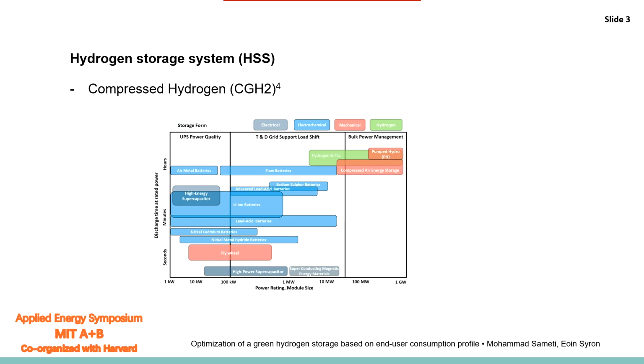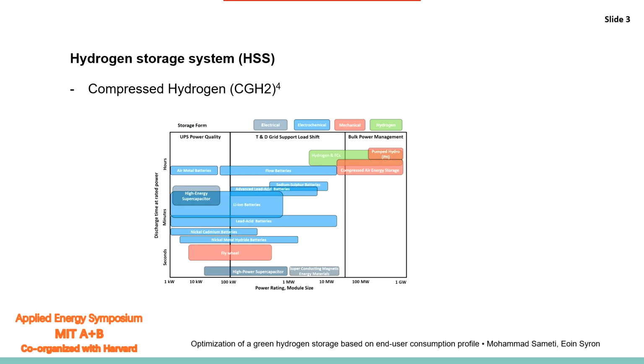Hydrogen storage systems, or HSS systems, as you see from the graph here, cover three main storage forms or categories, which are the electrochemical, mechanical, and pure hydrogen storage. If you look at the scale of the hydrogen and fuel cells, we see that it is on the right side of the graph, so it covers the high power rating based on the module size.